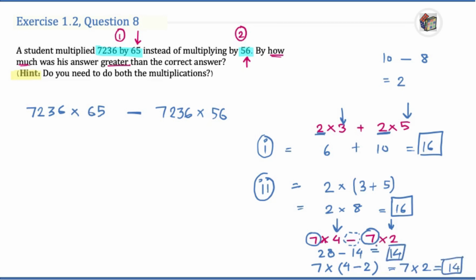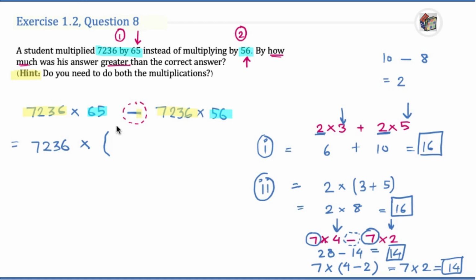This is what you will use here. In your case, you should observe that it is 7236, which is the common number in both of them. So instead of multiplying it twice, you can just write it once like this, put a multiplication sign, and then create a bracket. In the bracket then, you put the other 2 numbers, 65 and 56, along with the sign that you have, the minus sign.